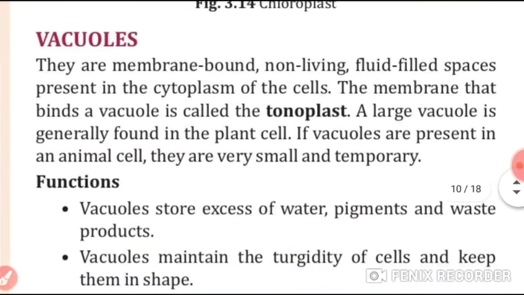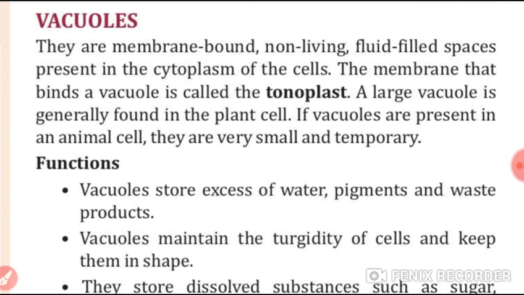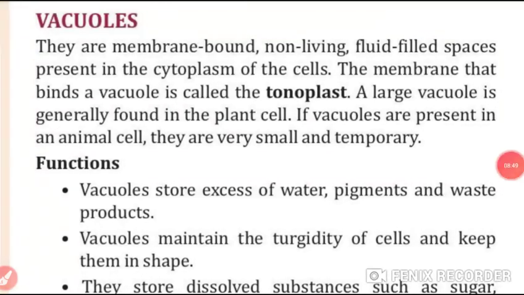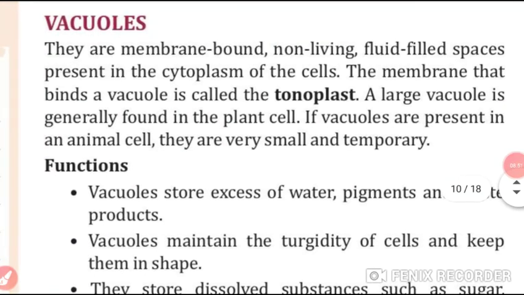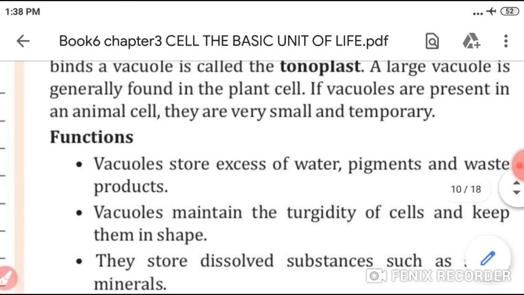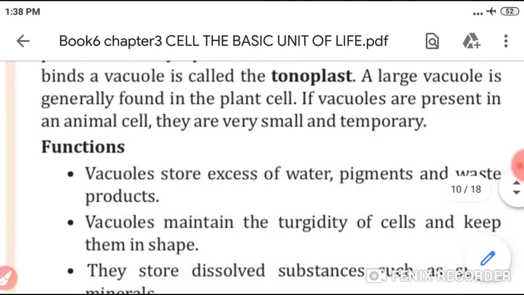Now students, we will talk about vacuoles. What are vacuoles? Students, they are membrane bound, non-living, fluid filled spaces present in the cytoplasm of the cell. The membrane that binds a vacuole, what is that called? That is called tonoplast. Okay, students, in plant cells, a large vacuole is found.